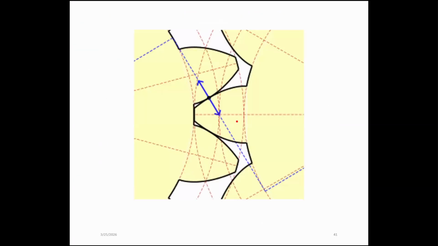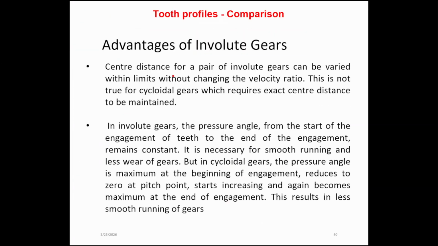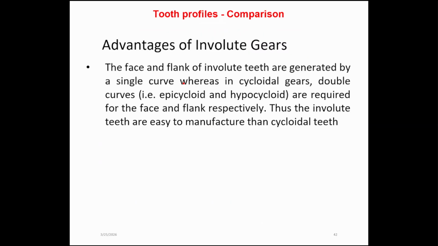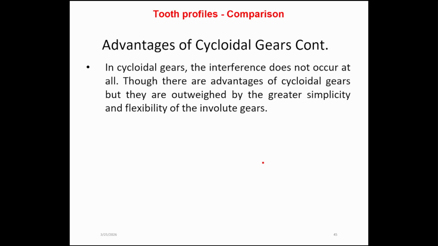So, we have a lot of advantages in involute gears, and some advantages, higher load and an easy manufacturing method, in cycloidal. Anyhow, we are focusing on involute gears, right? In cycloidal gears, interference does not occur at all.